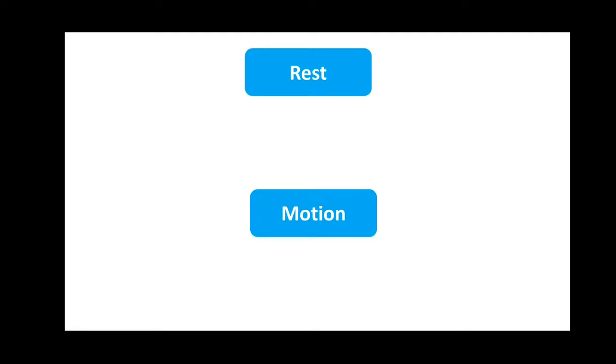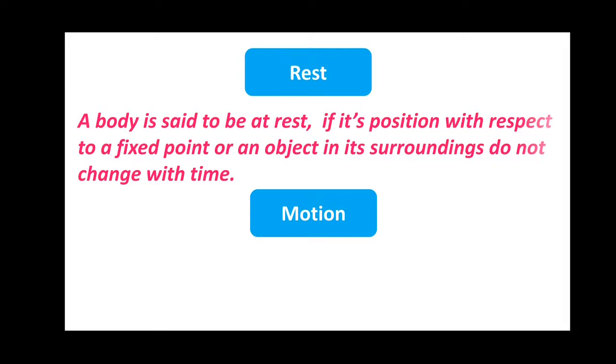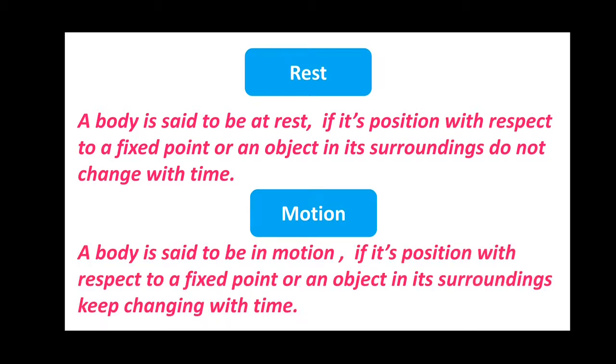That is, a body is said to be at rest if its position with respect to a fixed point or an object in its surroundings does not change with time, and a body is said to be in motion if its position with respect to a fixed point or an object in its surroundings keeps changing with time.